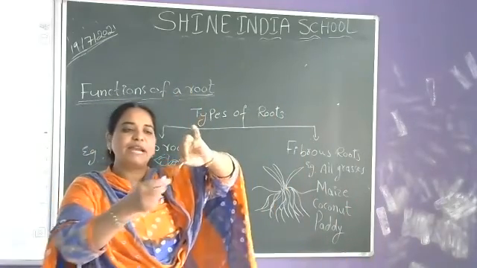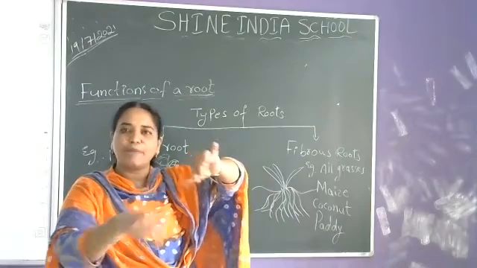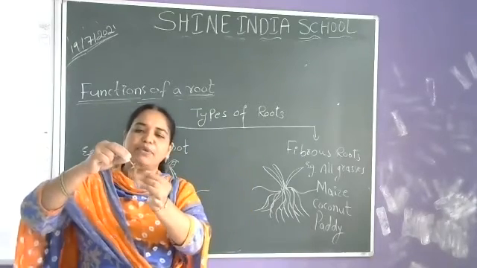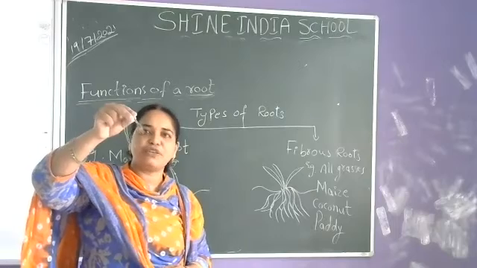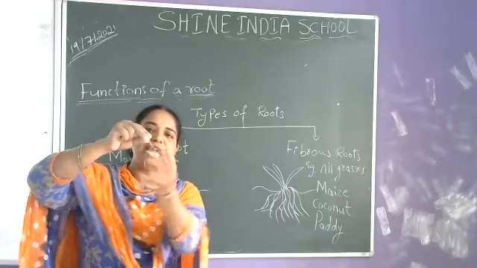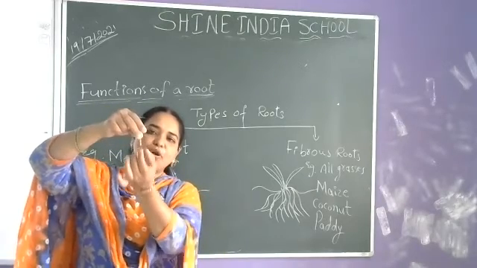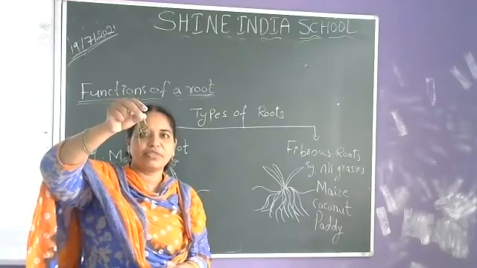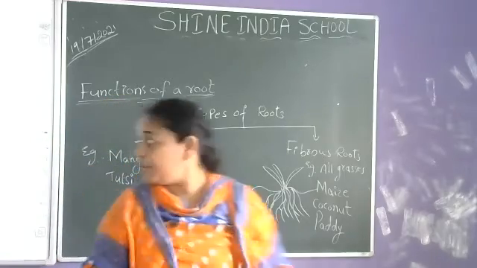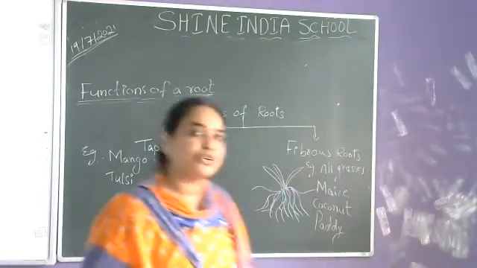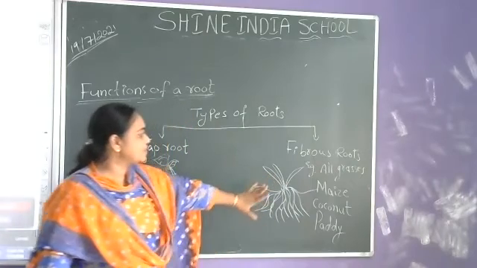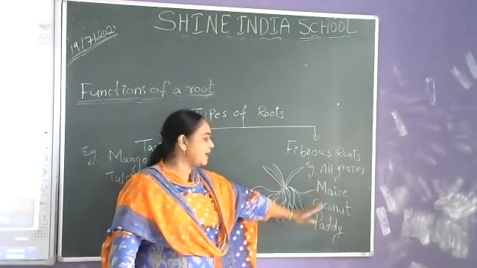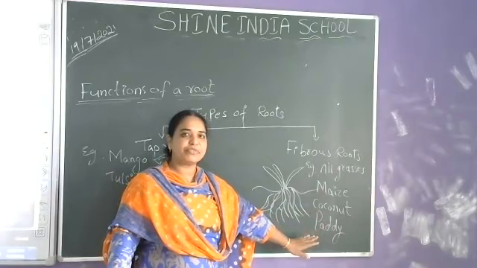Uproot one grass plant near your home and observe. You will be able to see the bunches of roots, the clusters of roots, arising from the bottom of the stem. There is no main root in this. Such roots are called fibrous roots. So examples are all grasses, maize, coconut, paddy.